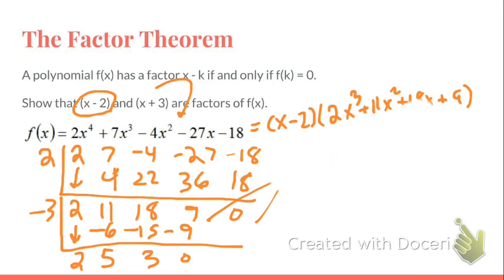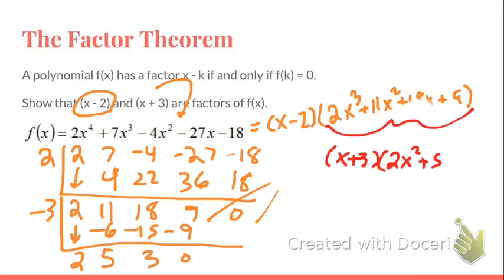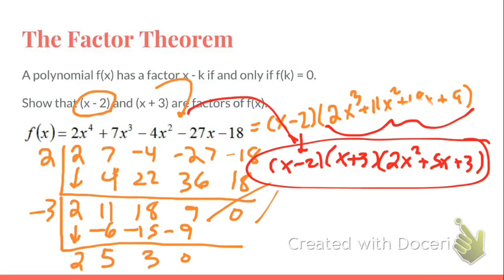So that means now that this cubic factor could be factored further as x plus 3, because that has a 0 of negative 3, times 2x squared plus 5x plus 3. And then this whole function factored, x minus 2 is a factor. So if we knew two factors, we can use it to factor down this big polynomial like so.